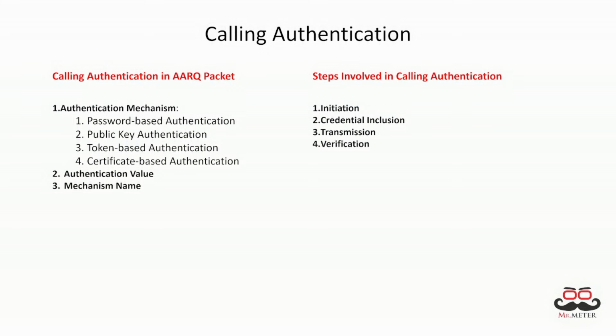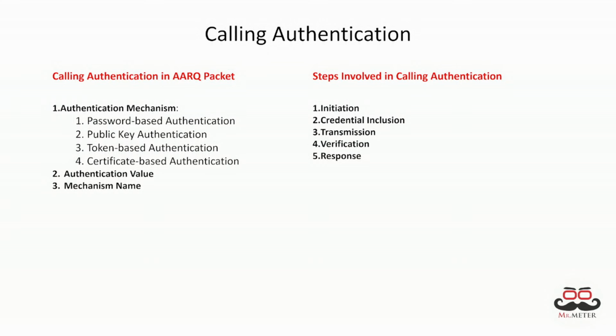Upon receiving the AARQ packet, the called entity extracts the authentication value and verifies it. If a password is used, it checks the password against its records. If a digital signature is used, it verifies the signature using the calling entity's public key. If a token is used, it checks the validity of the token.